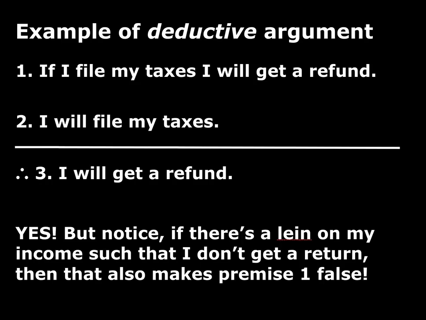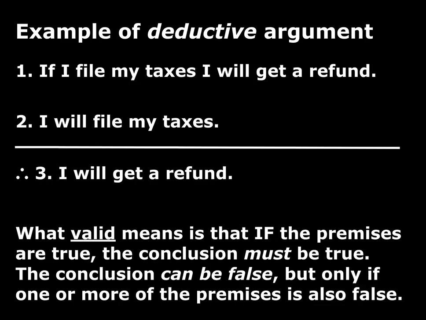The combination, okay, what valid means, if the premises are true, conclusion must be true. Okay, or if the conclusion's false, at least one of the premises has to be false. It's ruling out the combination of true premises and a false conclusion. And if that combination isn't possible for an argument, then that argument's valid.